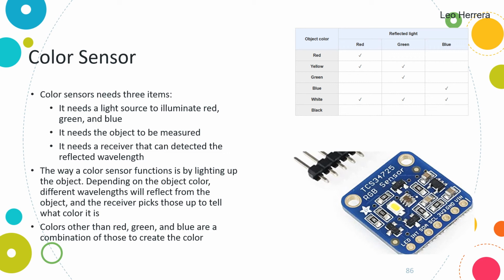Red, green, and blue are the basic three that are supported by these sensors. However, if it ends up being a mixture of colors, such as yellow, then yellow, for example, would be a mixture of red and green, and white would be red, green, and blue, because the mixture of all three creates those colors, and none of them would create black.